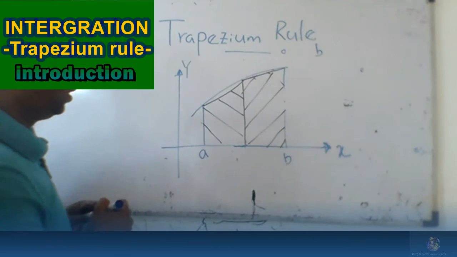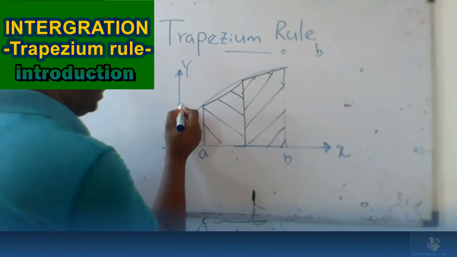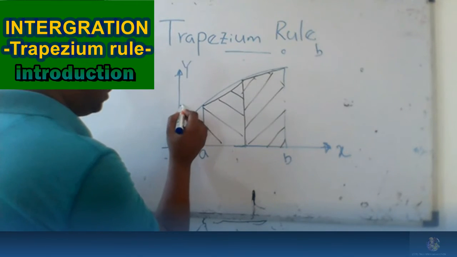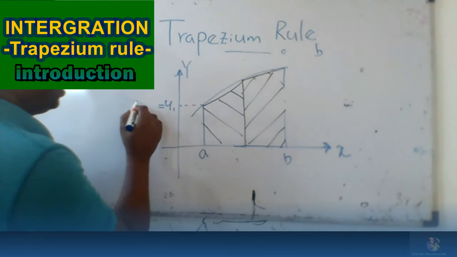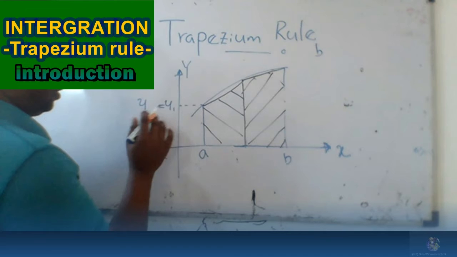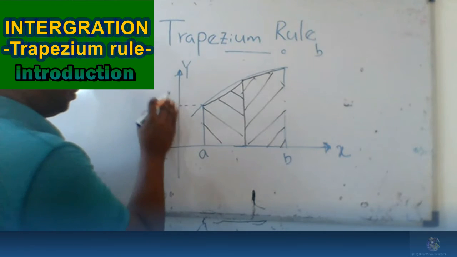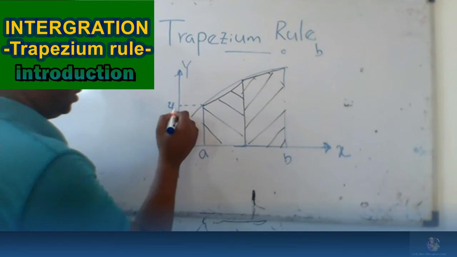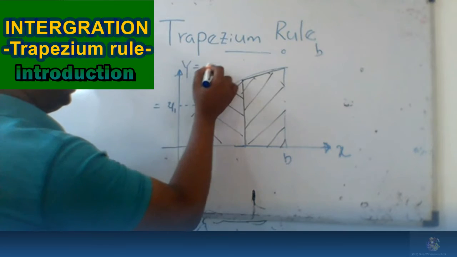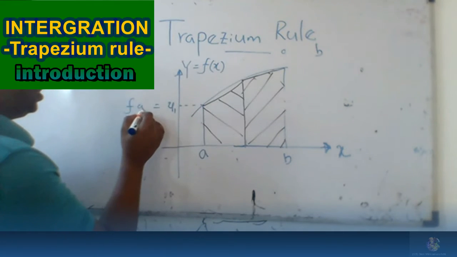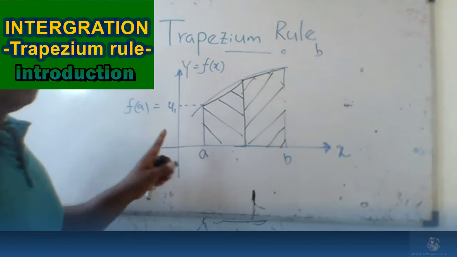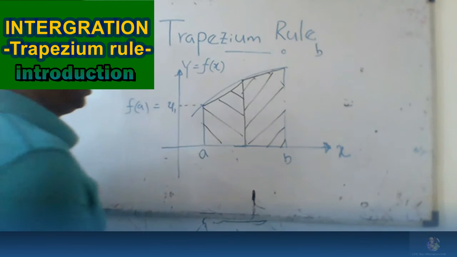Here we can take this as y1, that is the value we are getting for a, right? I will write it using notation. If y is given as some function f(x), this should be f(a), right?